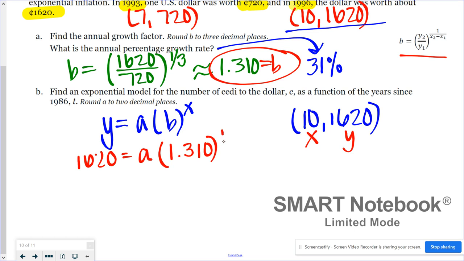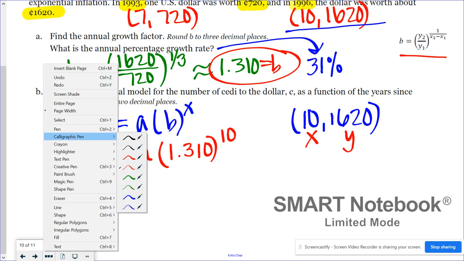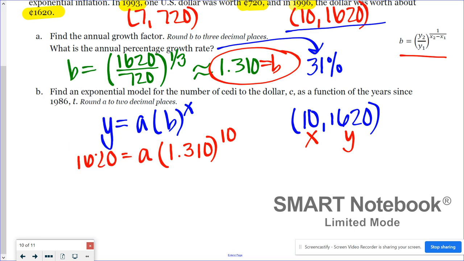And x is 10. So now I have to solve this for A. What that means is I'm going to have to divide both sides of this equation by 1.310 to the 10th power.